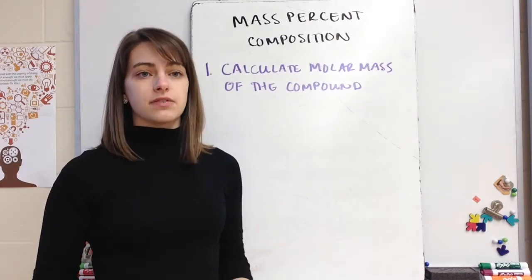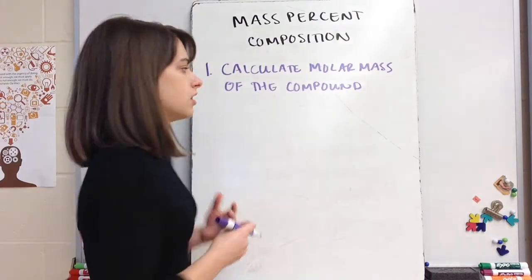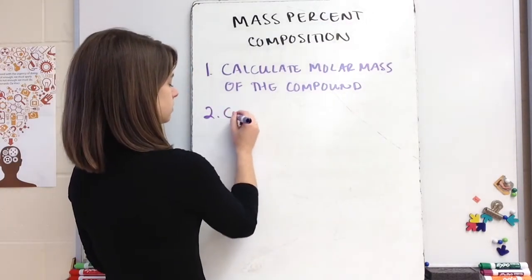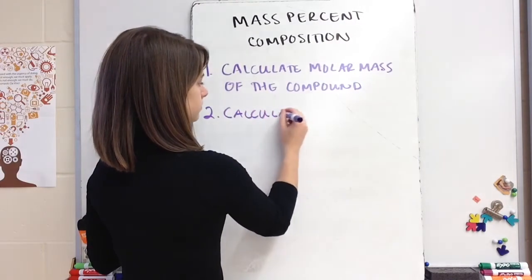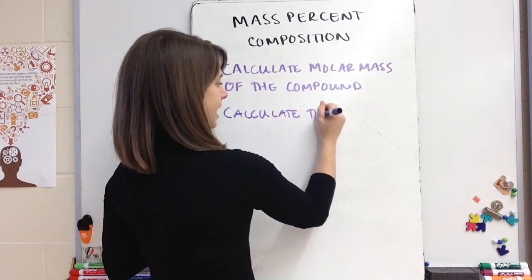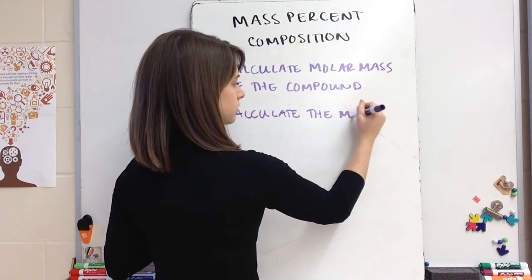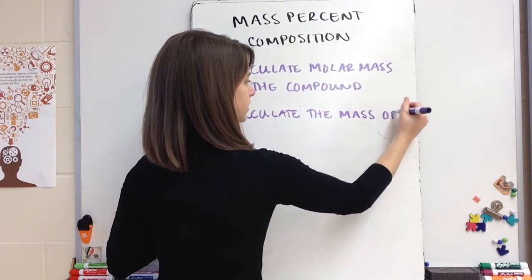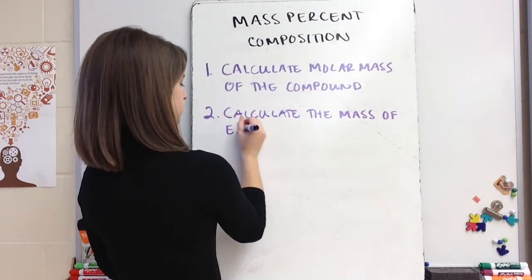The second step is to figure out the mass of the different pieces. So we're going to calculate the mass of each type of atom.